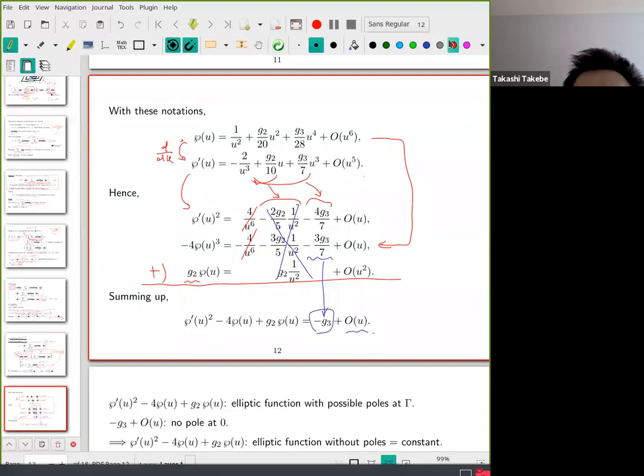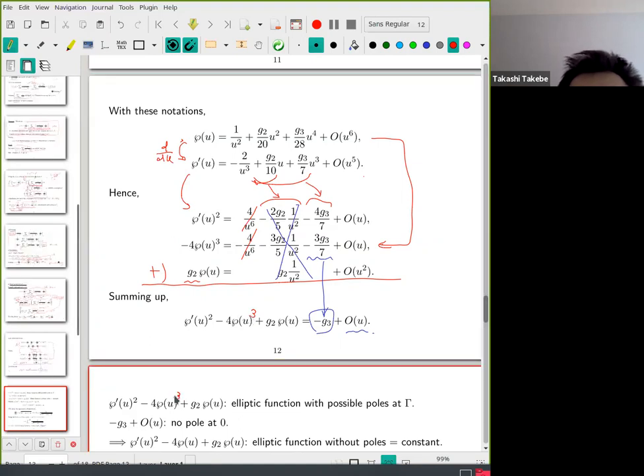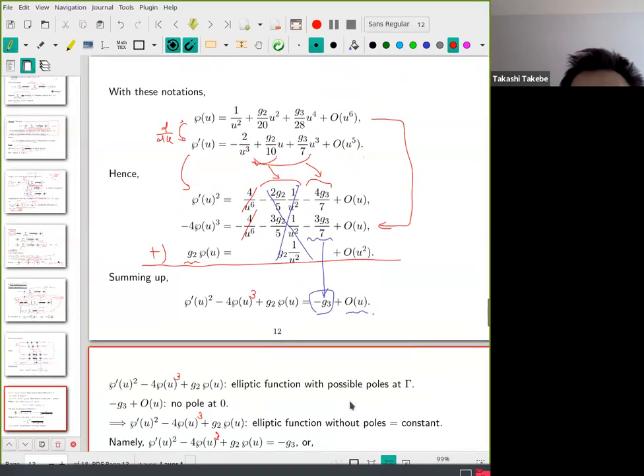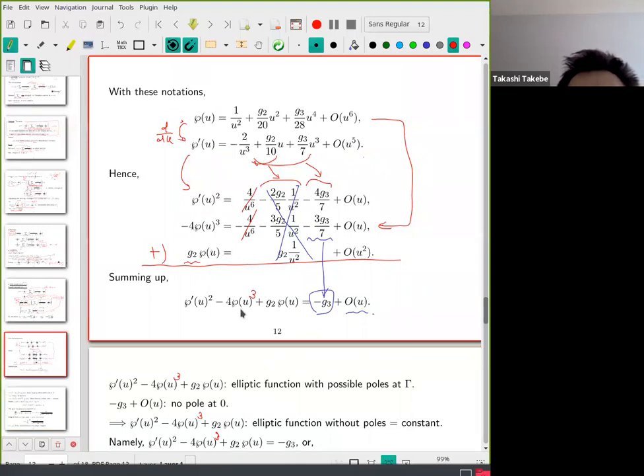But P prime is an odd function, so the square of P prime is of course an even function. Well, I forgot. So this is of course our elliptic function, and this too.